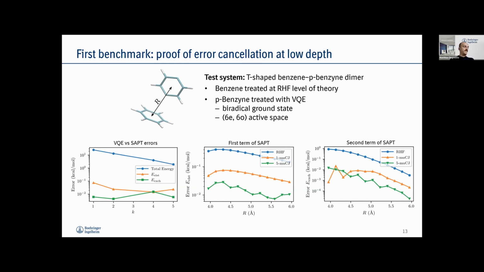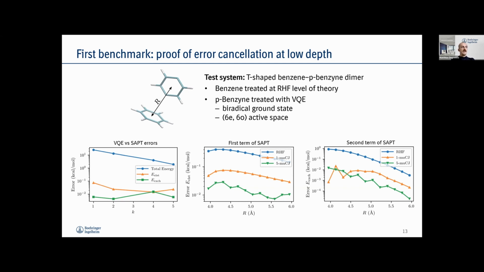And you see that even for 5 layers, you're approaching chemical accuracy but not reaching it. And with chemical accuracy, we understand the 1 kcal error line.